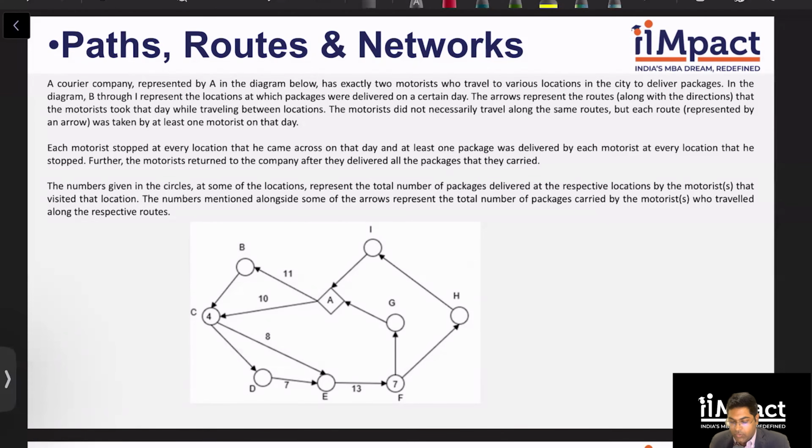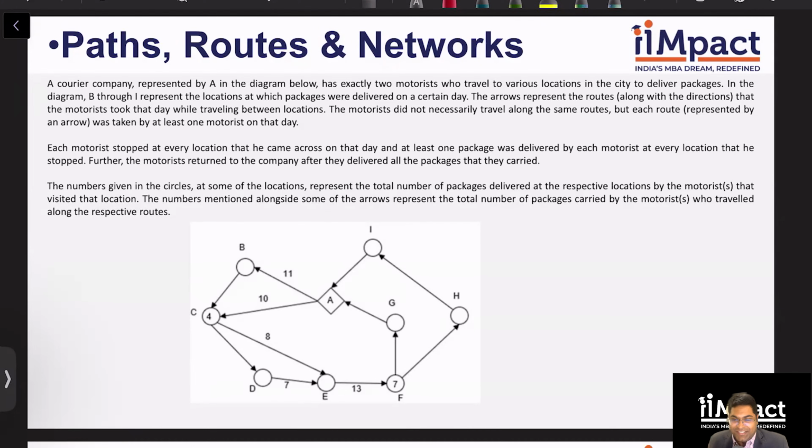The motorists did not travel along the same route, but each route was taken by at least one motorist on that day. Each motorist stopped at every location that he came across on that day, and at least one package was delivered by each motorist at every location that he stopped. Further, the motorists returned to the company after they delivered all the packages that they carried.